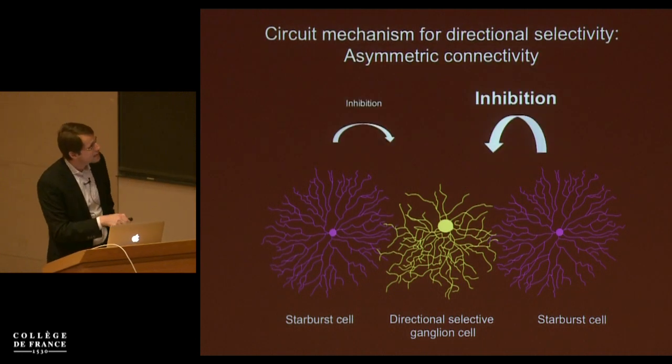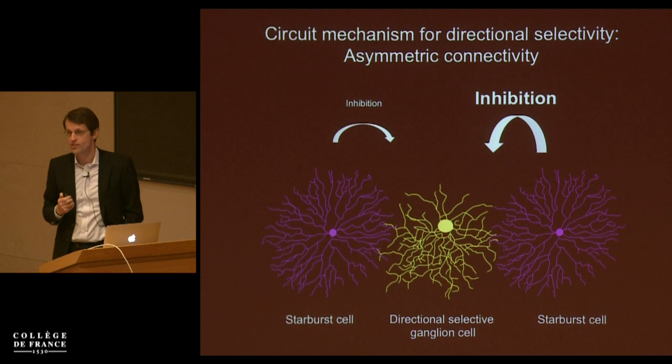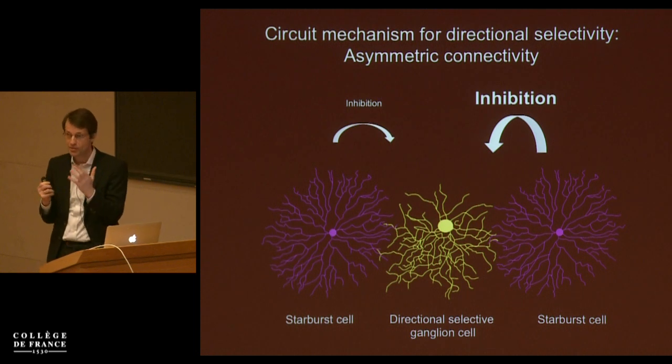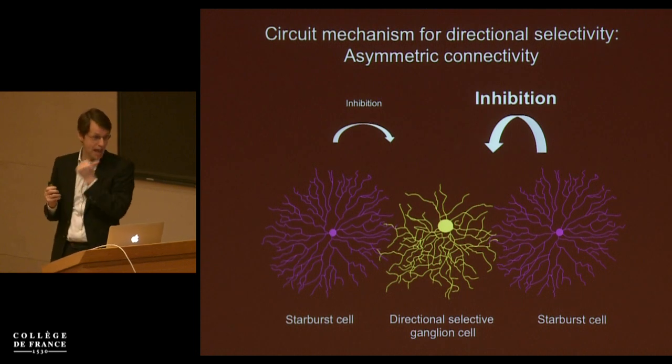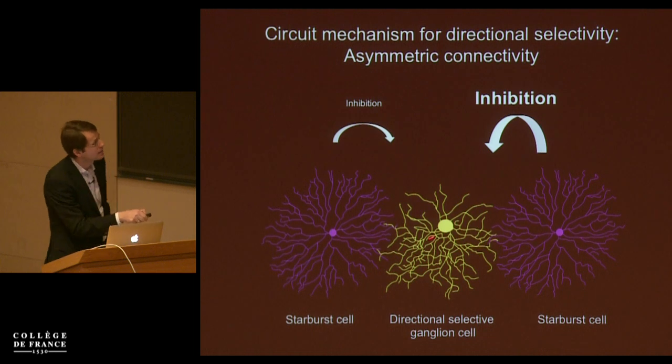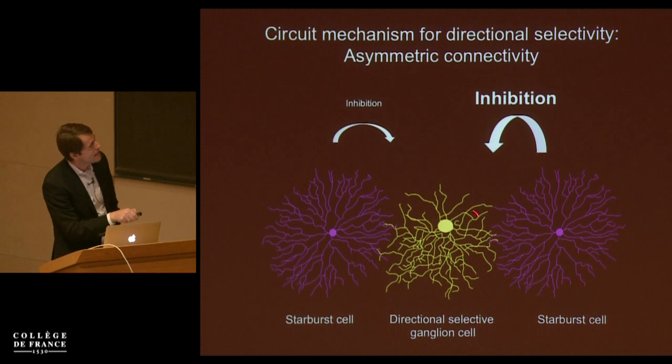They connect to the ganglion cell very strongly from one direction and very weakly from the other direction. So if I'm, for example, an upward motion or a leftward motion direction ganglion cell, in this case this ganglion cell would fire a lot if the stimulus came this way, and very little if the stimulus came this way.